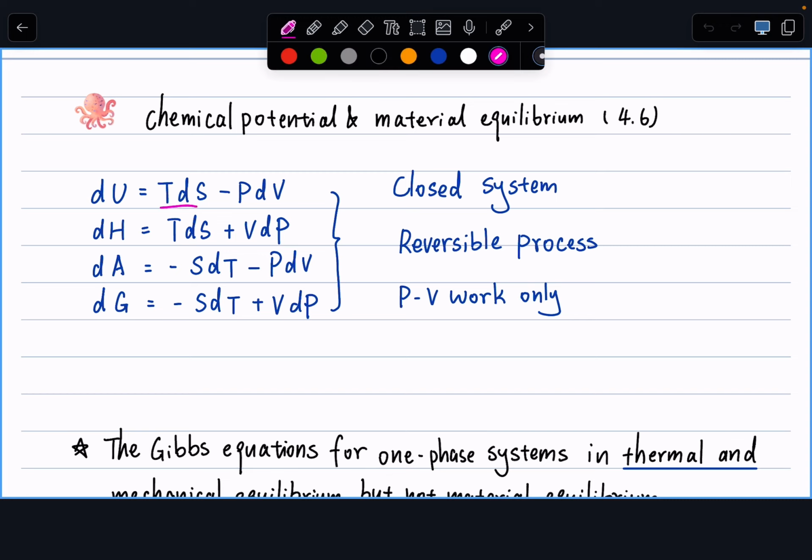The bottom line is we use q reversible equals TdS, and work reversible equals negative PdV, and dU equals dq plus dw according to our first law of thermodynamics. That's what we did in our last lecture.